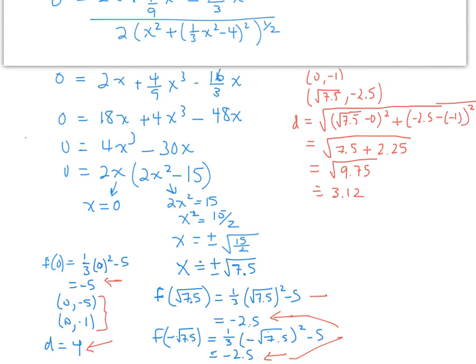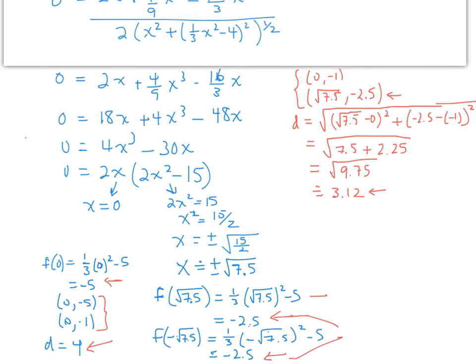All right, so I'm finding the distance between these 2 points, my point that I was given and the point where I found the critical number here. Put it into my distance formula, and I got a distance of 3.12. If I use the exact same point except with the negative square root 7.5 comma -2.5, I'm also going to get a distance of 3.12.